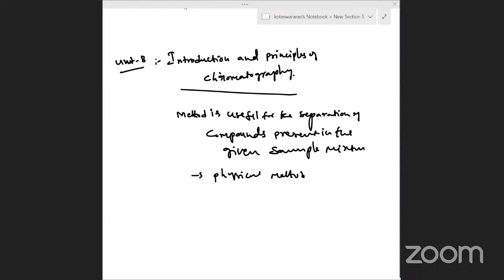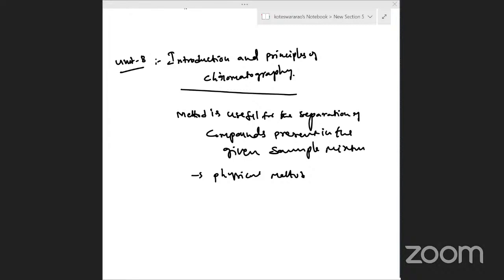If the sample is in bulk, separation is not applicable because it is very difficult. It involves a large amount of solvents, stationary phases and equipment. Therefore, bulk separation is not possible by chromatography. In that case, we need to identify a suitable chemical method, which is the best method. Chromatography is useful for separation on a small scale.